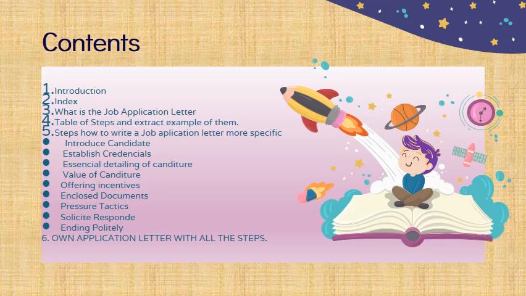For example, we need to introduce the candidate. Number 2 is establish credentials. Number 3 is essential detail on the candidature. Number 4 is the value of candidature. Number 5 is offering incentives. The last point is enclosed documents.